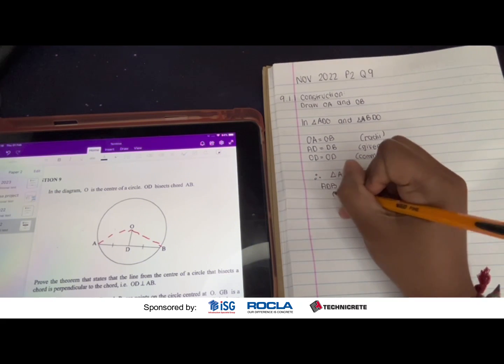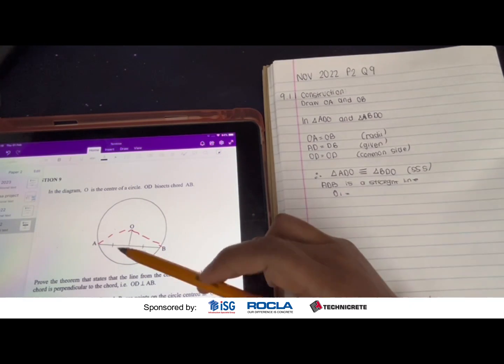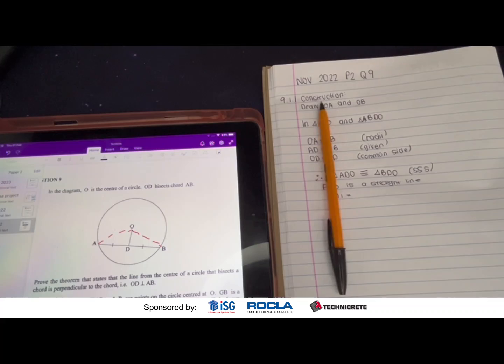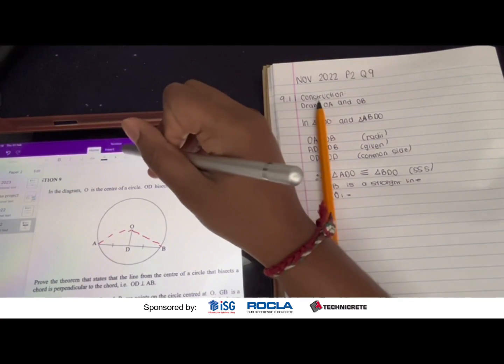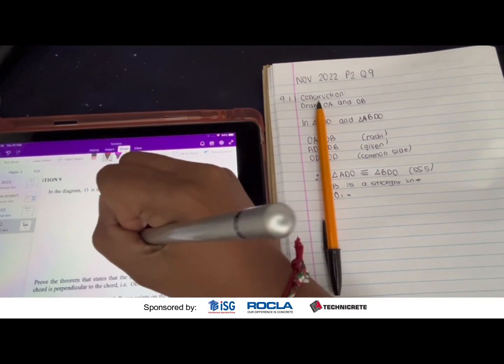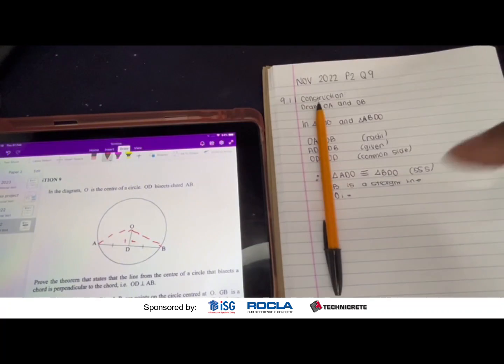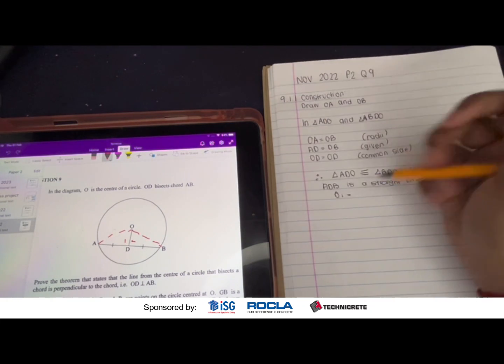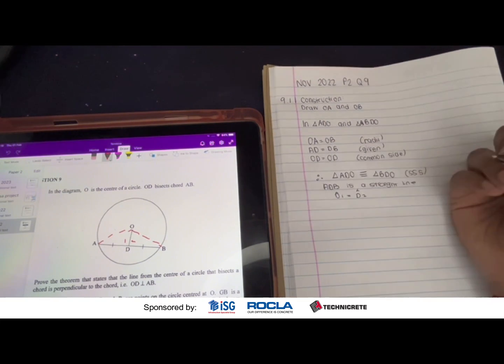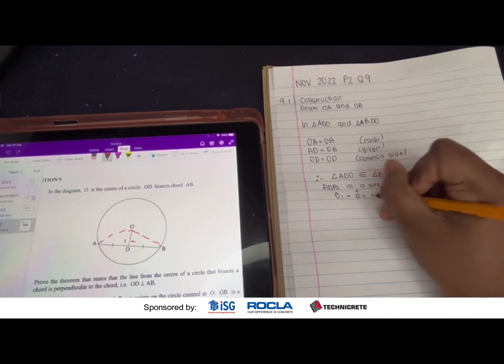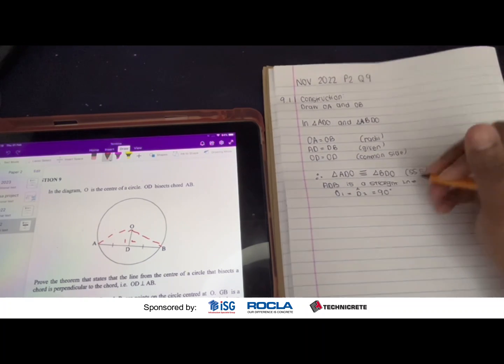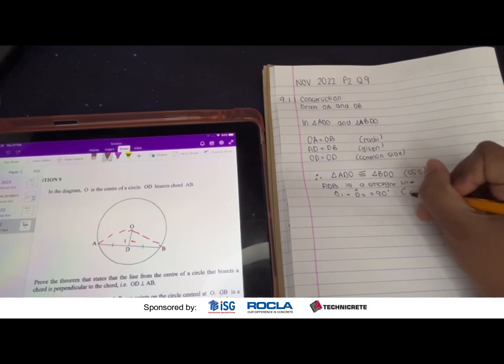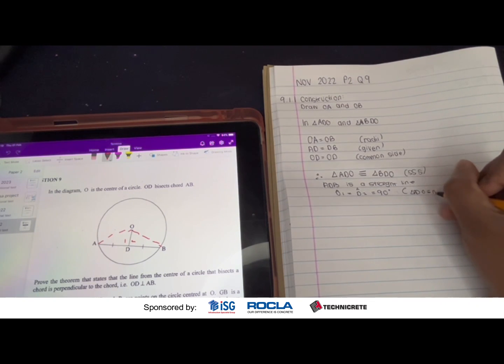Therefore, because we just proved congruency, angle D1, which we should write in so that the examiner knows exactly what we are talking about, D1 and D2, is equal to D2. And if they are equal on a straight line, that makes them equal to 90 degrees. And we know this now because they are congruent, so make sure you state that they are congruent, which is why they are equal.